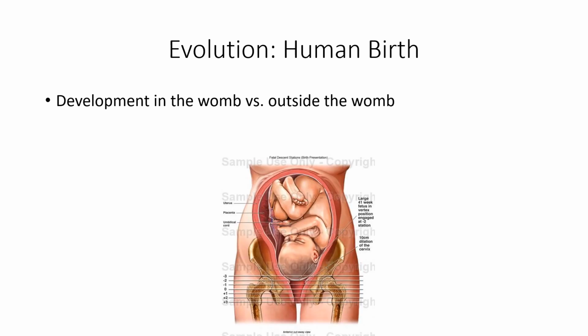So let's talk about human birth and evolution real quick, just because I've kind of talked about this one already. But there is a coevolution going on between mothers and babies, mothers and infants. And that is that it is in the best interest of the fetus to stay in the womb as long as possible. It's protective, there's good nutrients there, everything.